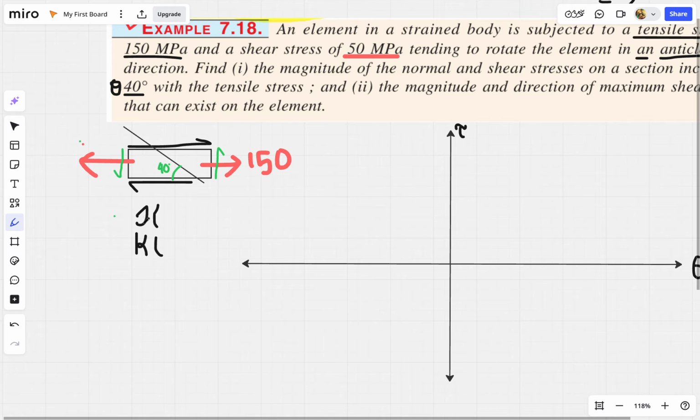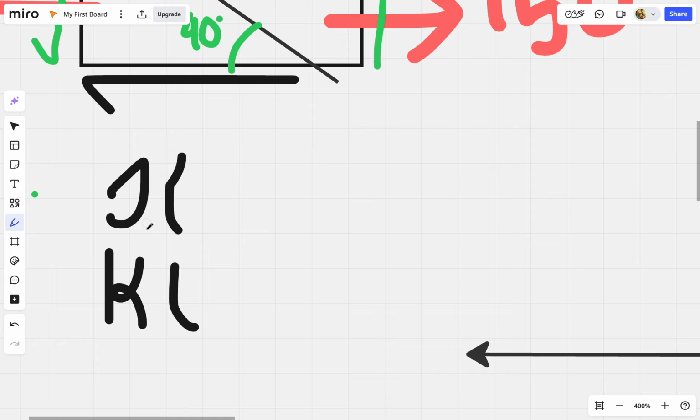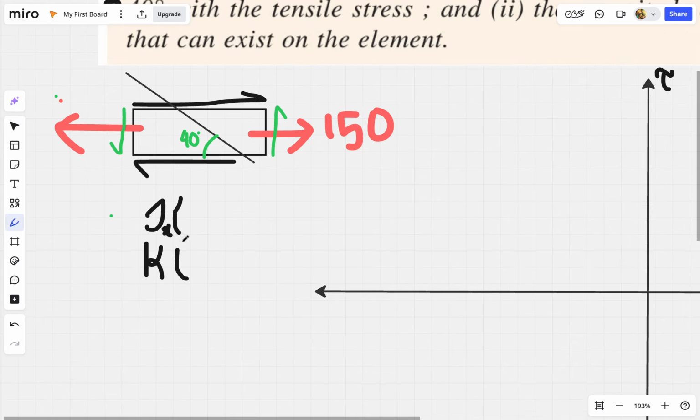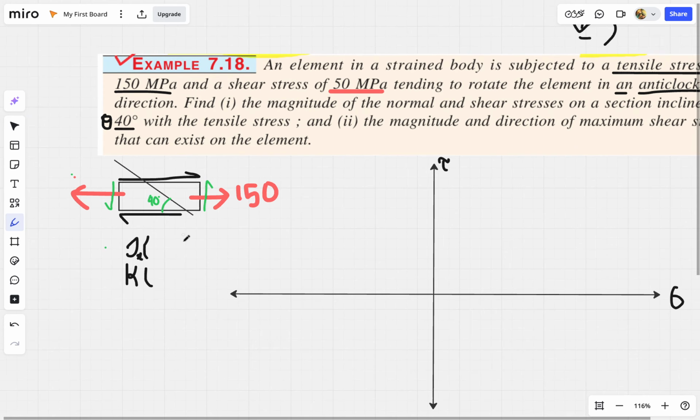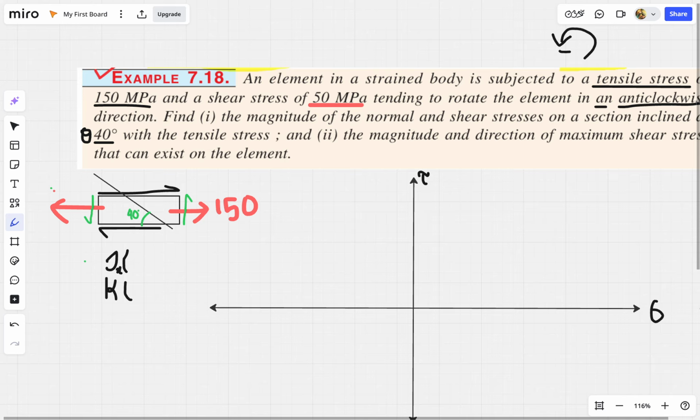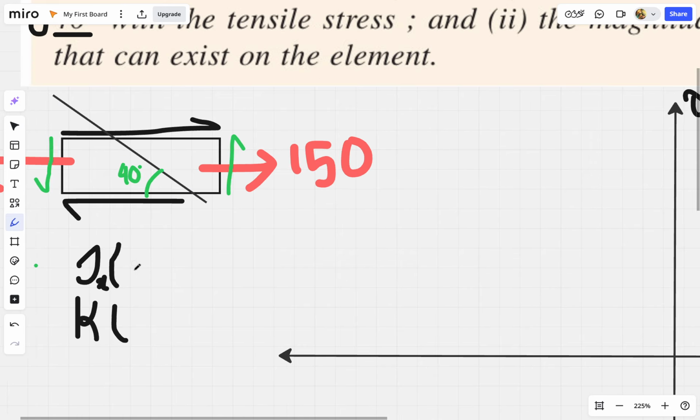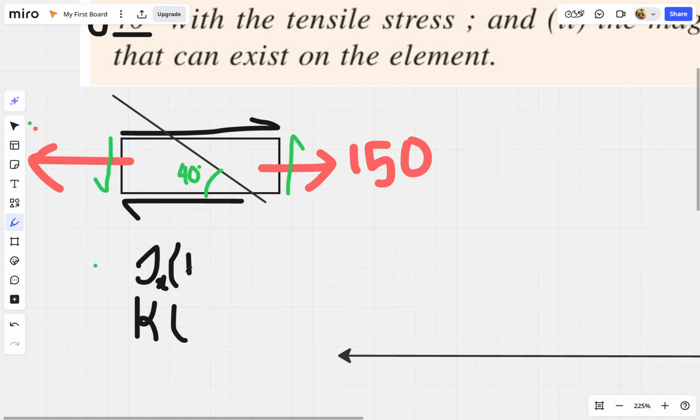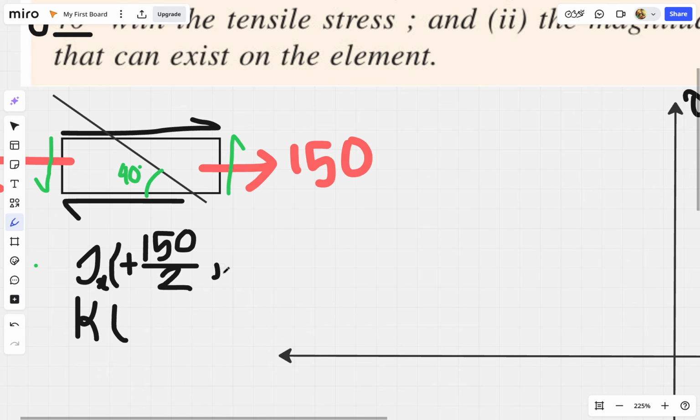The J point is basically the point on the x-axis. First we will denote the x and then the y. For the x-axis we get the tensile stress, which is positive, so not 150, it will be 150 divided by 2. Why divided by 2?